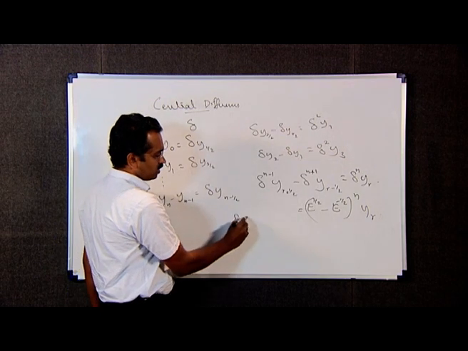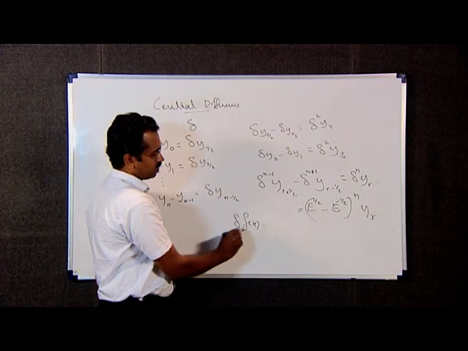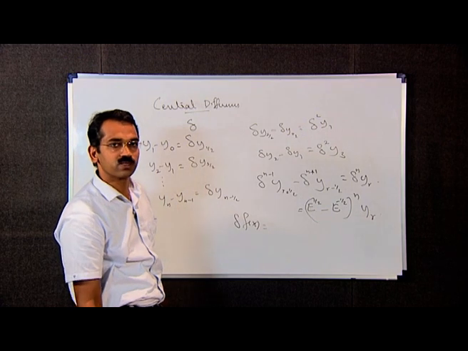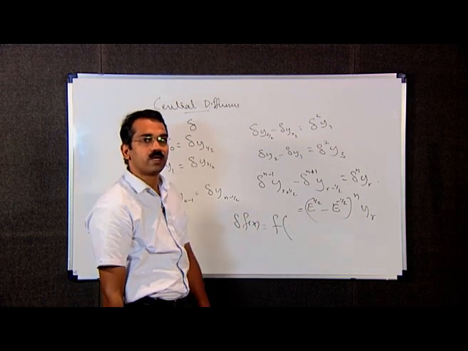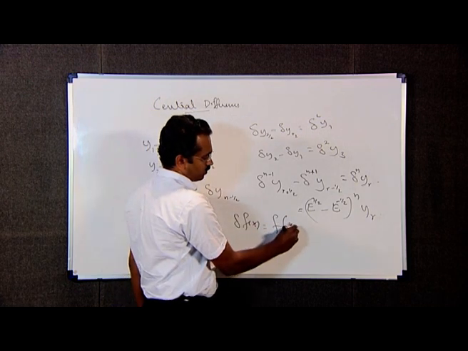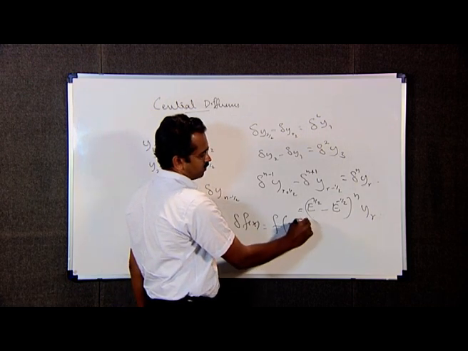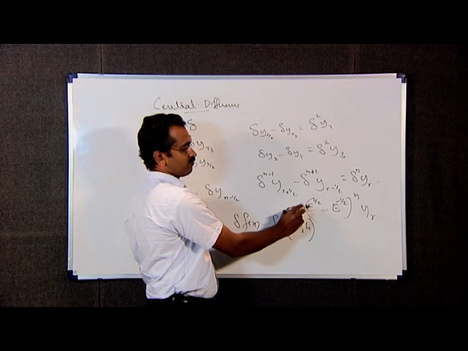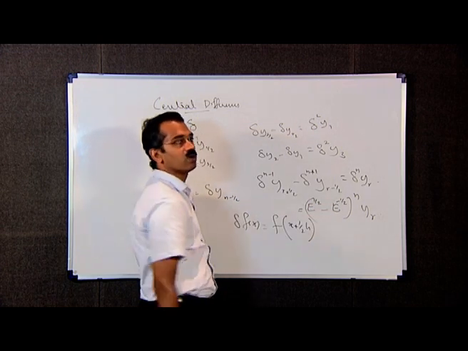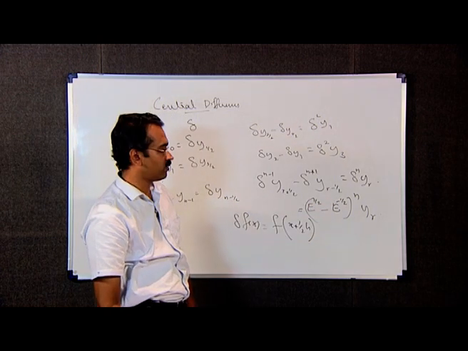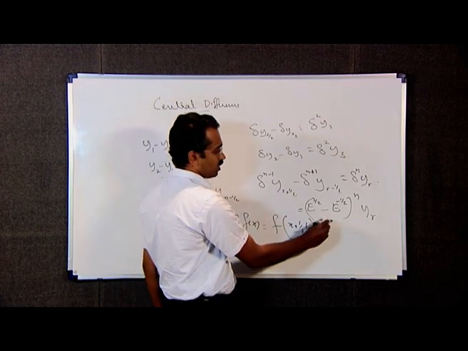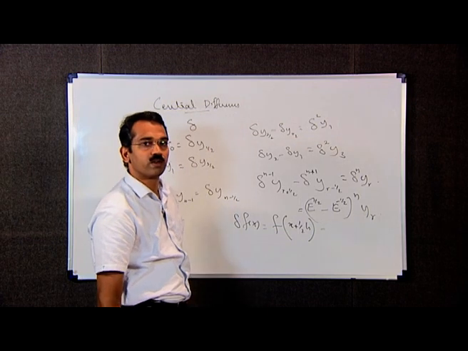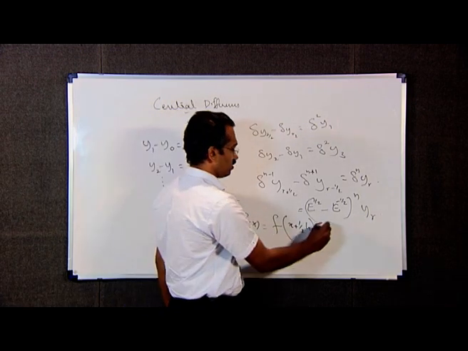We can use this alternative notation: delta f of x is equal to f of x plus 1 by 2 h, by definition of the shift operator. E raised to 1 by 2 gives f of x plus 1 by 2 h, minus E raised to minus 1 by 2 gives f of x minus 1 by 2 h.